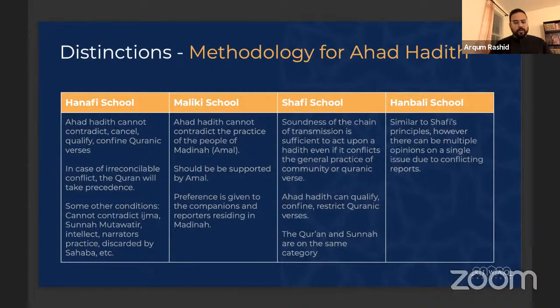And again, there's debate under that topic as well. It can't contradict the narrator's practice. So if the person narrating the hadith contradicts the practice, then we have to interpret it in a different way. It can't be a hadith that's discarded by the companion, right? So these are just some of them. This is not an exhaustive list again. There's about a dozen or more conditions that the Hanafis have in terms of accepting khabr ahad.